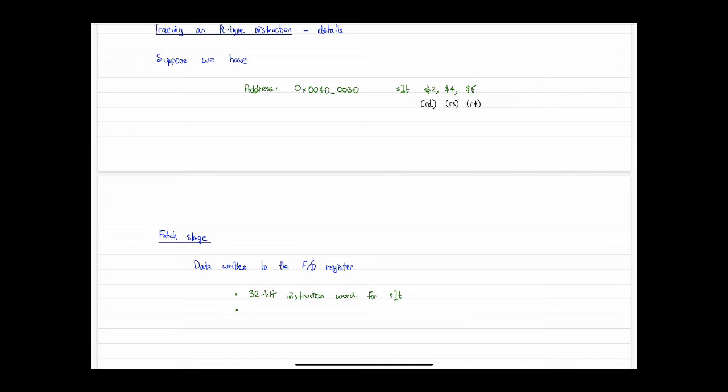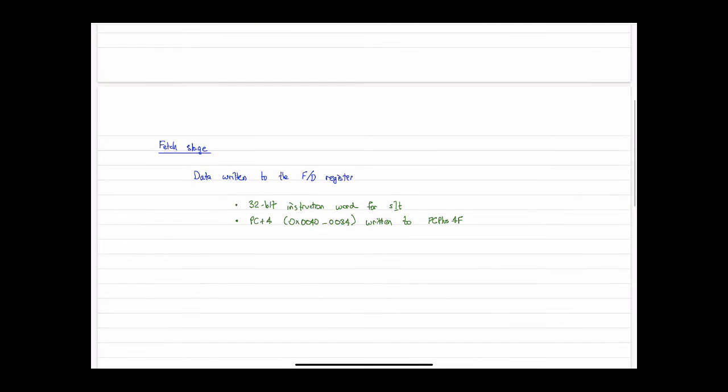So 32-bit instruction word for the set on less than instruction. And also it calculates PC plus 4, and that is written also to the pipeline register. So it's not going to be used later for the R-type instruction, but it is for compatibility with other instructions.